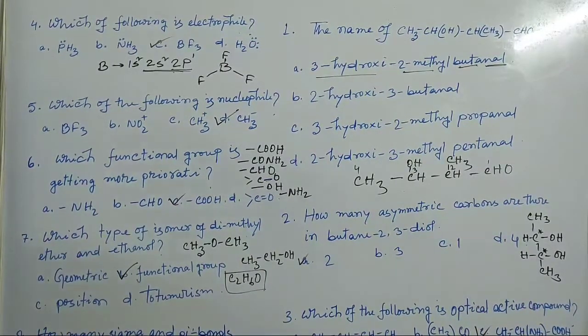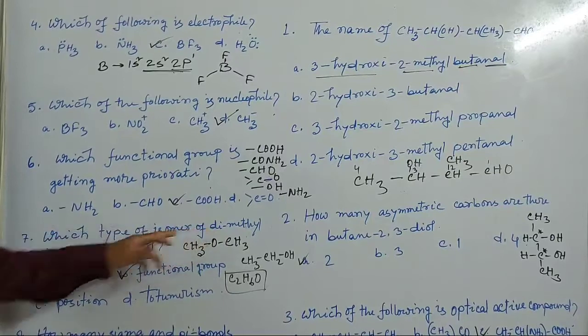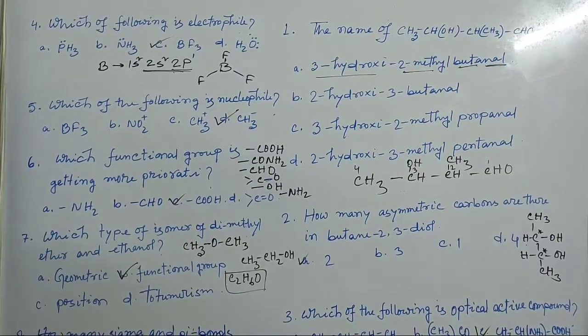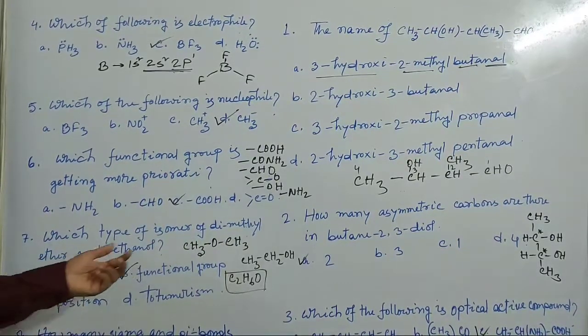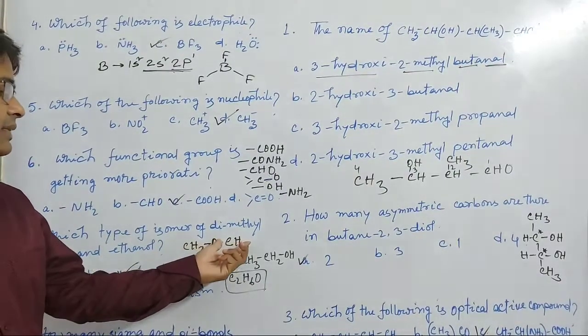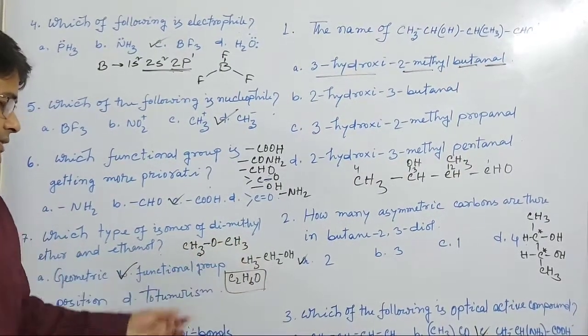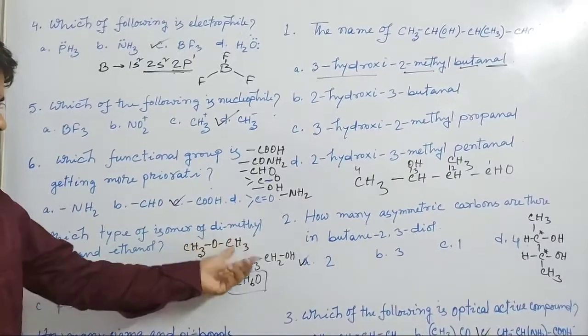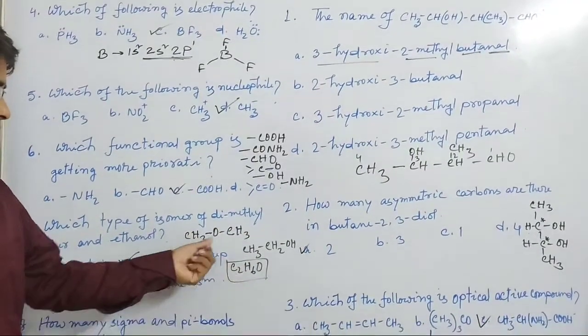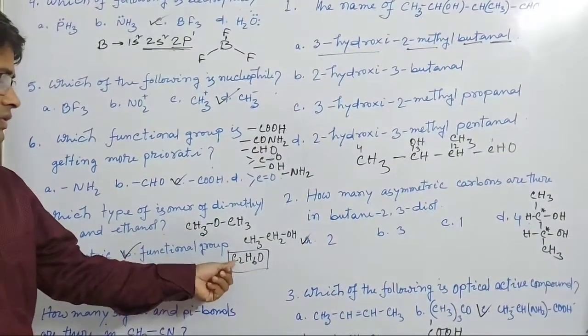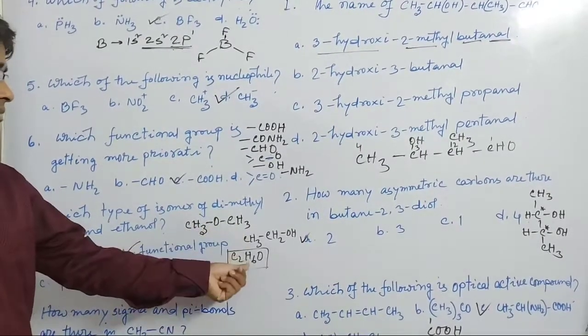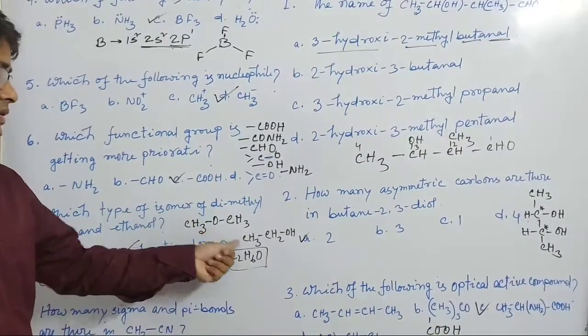Which type of isomers are dimethyl ether and ethanol? If I show you the formula of dimethyl ether and ethanol, you will see that the molecular formula of both compounds is C2H6O. There are 2 carbon atoms, that's why it is C2, 6 hydrogen atoms, that's why it is H6, and 1 oxygen atom.